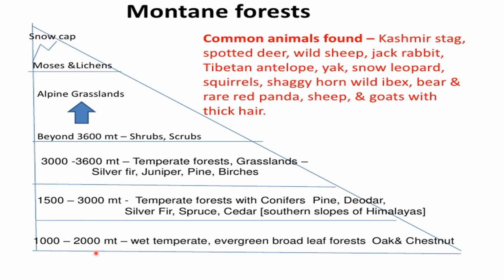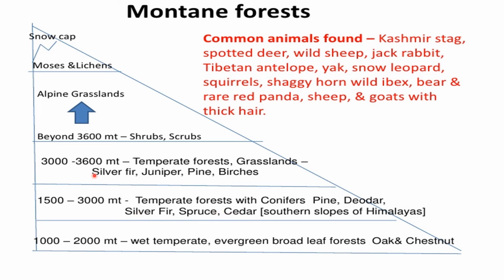From 1000 to 2000 meters, we have the wet temperate forest. We have evergreen broadleaf forest, oak and chestnut are the main trees. Then from 1500 to 3000 meters, we have the temperate forests, the areas which are quite cool, with conifers, pine, deodar, silver fir, spruce, cedar as the main trees.